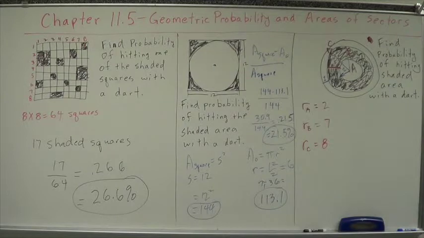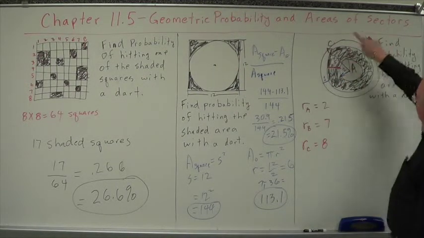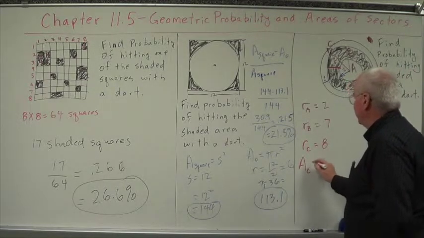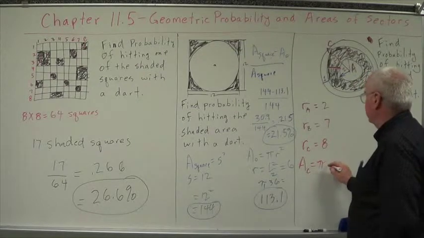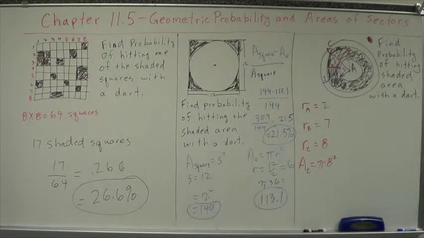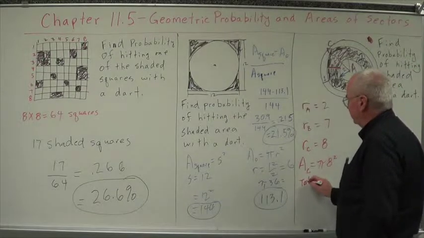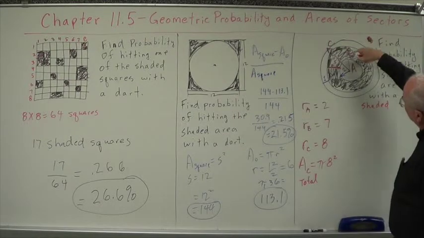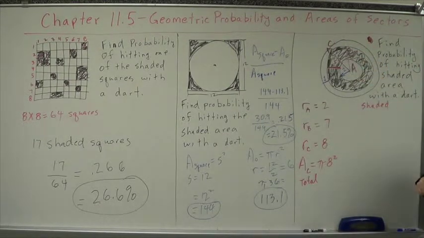What we're going to have to do is find the area of all of that. What's our total area? Well, that is the area of circle C, which equals pi times 8 squared. Well, what's the area of our shaded part? This is our total. Shaded. Well, that's the area of circle B minus the area of circle A, isn't it?